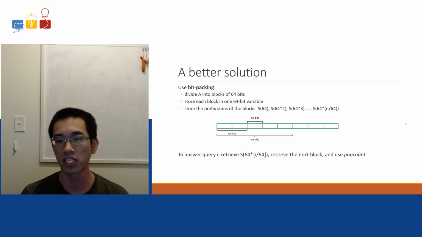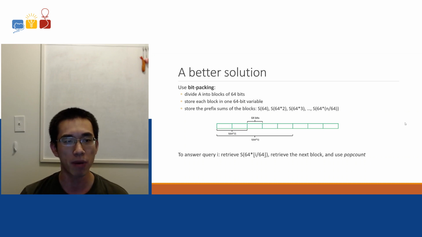Pop count is a CPU instruction that is also often offered by many programming languages. It basically counts the number of ones in a variable in constant time. In this case, we can simply zero out all the irrelevant bits after i, and then use pop count to count the number of ones before i within this variable.